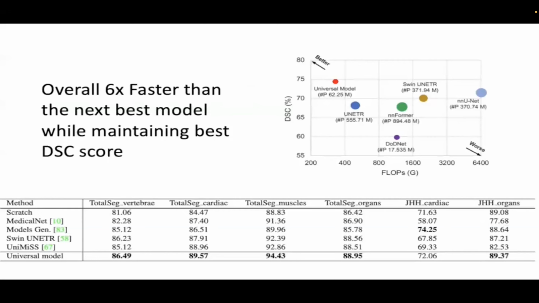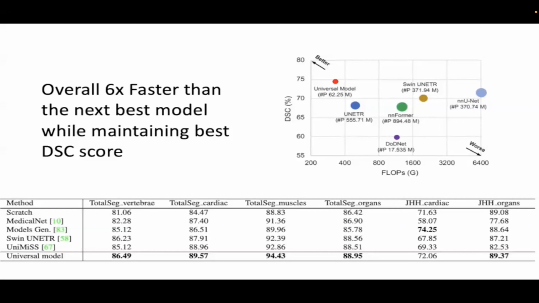So finally, we look at some interesting properties of the framework here. Starting with efficiency, we compare the floating point operations per second versus the dice score of the models. We can see here the universal model by far performs the best over the other presented models. And this is looking at the number of parameters.